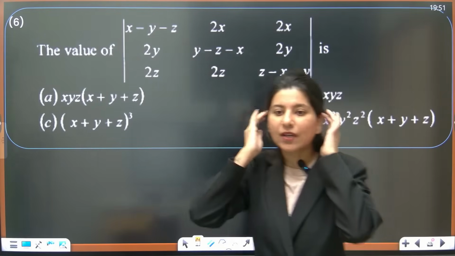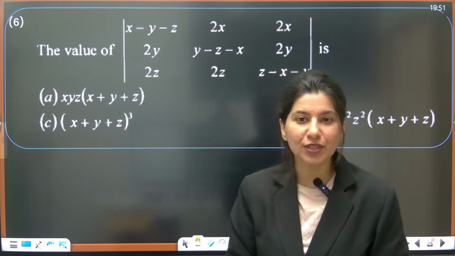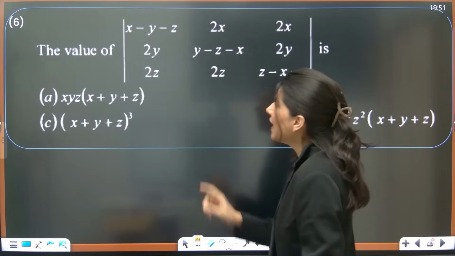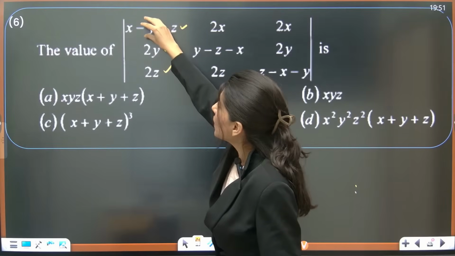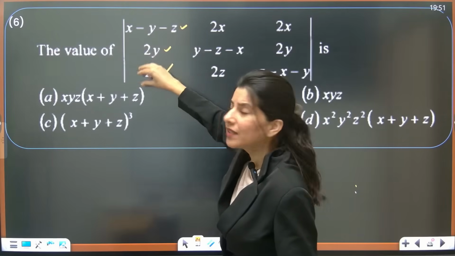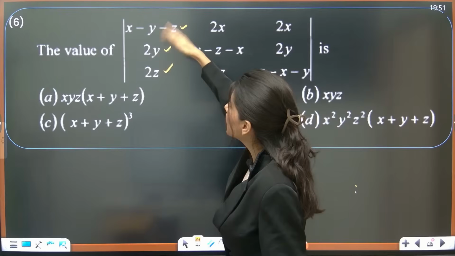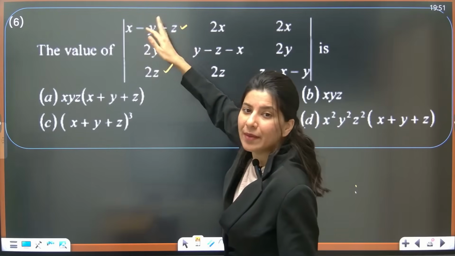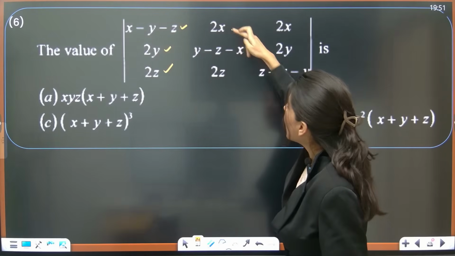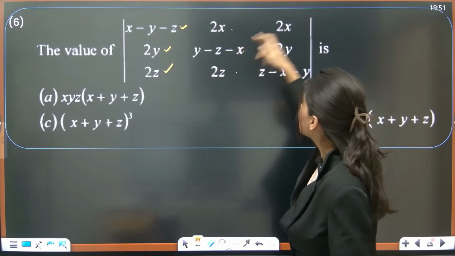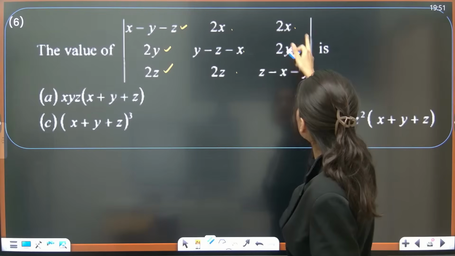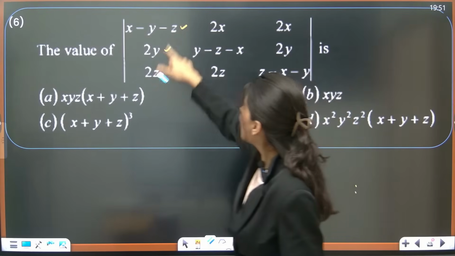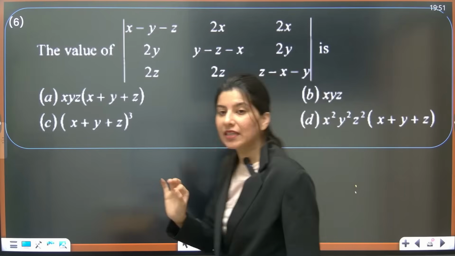I realize that if I add row number 1, row number 2 and row number 3, you are going to get x plus y plus z. So x plus y plus z is something which you are getting.